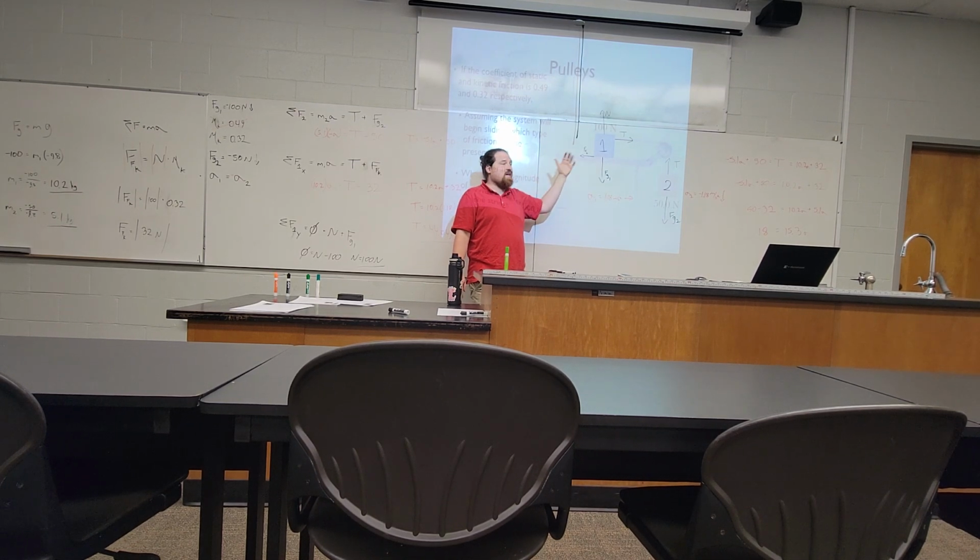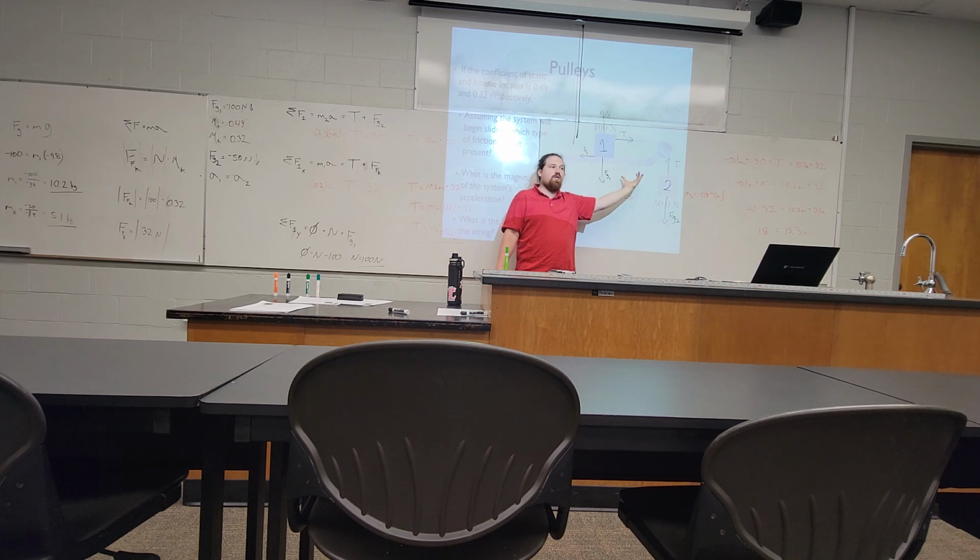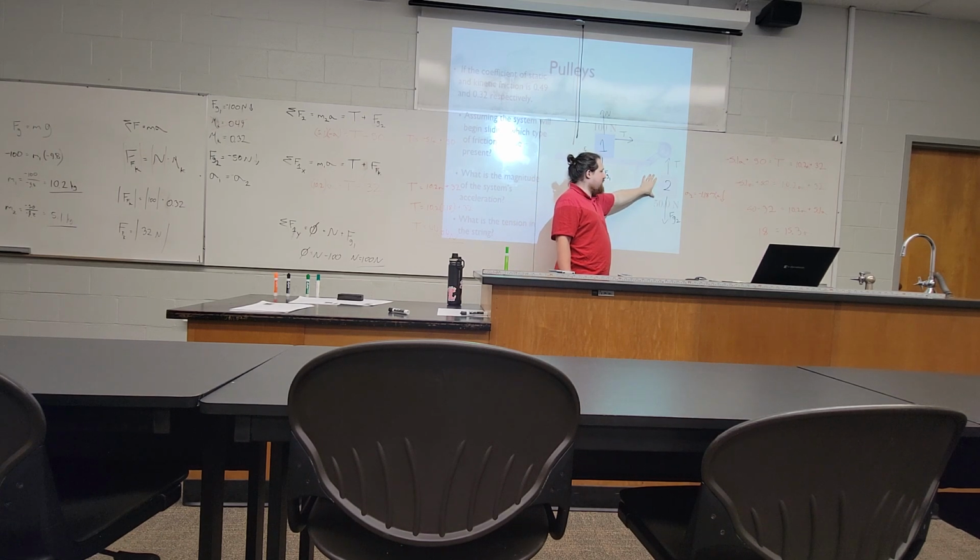That means that the tension is stronger than the friction, and that's why box 1 is being pulled forwards. On the opposite hand, from box 2's perspective, it's being pulled down with 50 newtons of its own weight, and the tension upwards is only 44. That means that box 2's weight is bigger than tension, and that's why it's being pulled down.